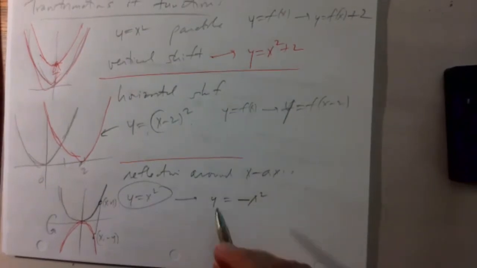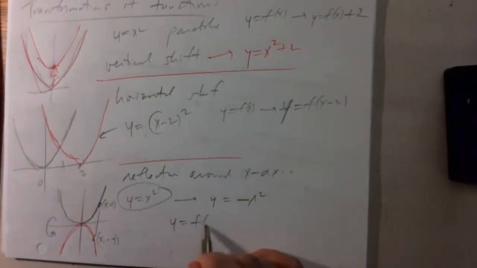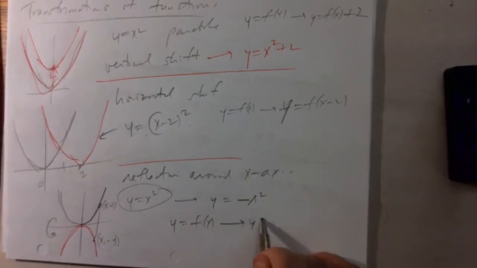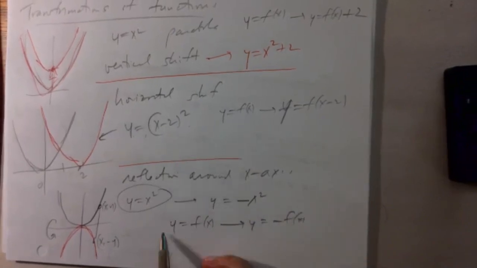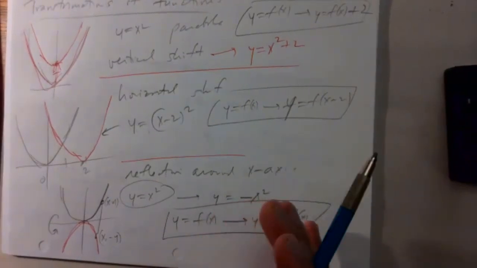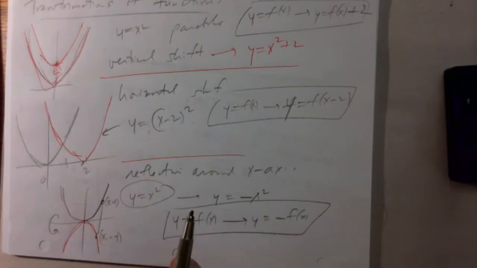When you have a reflection around the x-axis, y equals f of x would go to y equals minus f of x. When you reflect around the y-axis, you would just replace x by minus x, and so on.